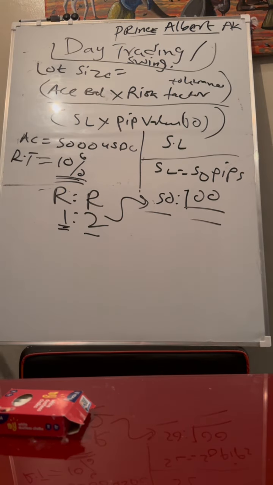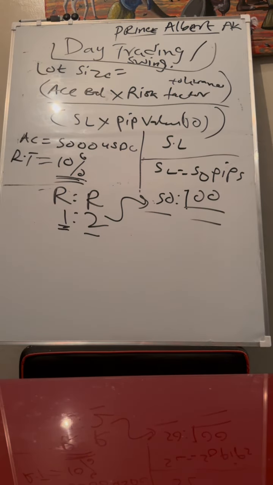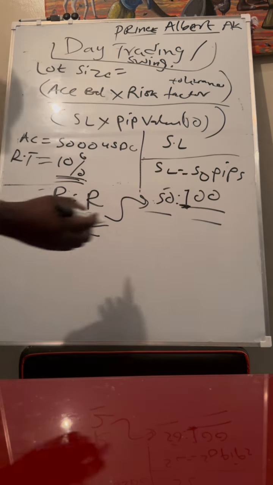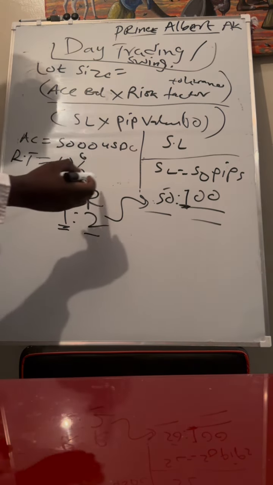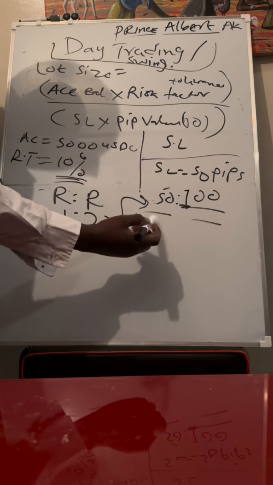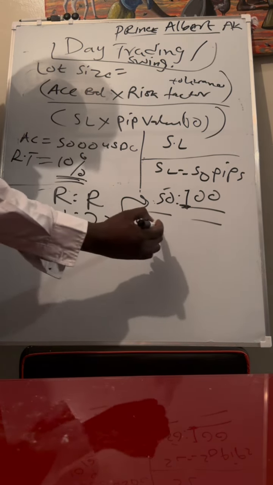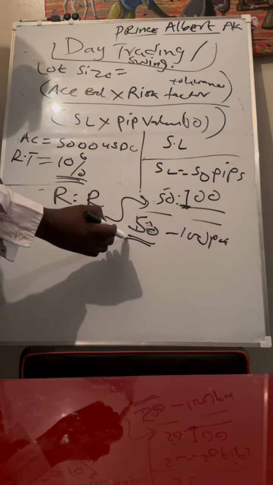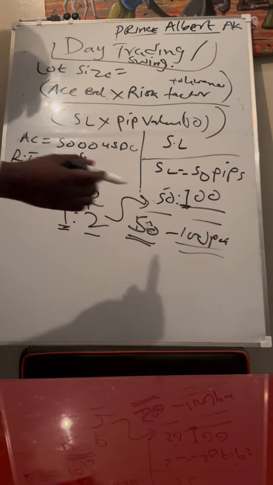So we risk 50 to get 100 pips. That means within the day, if the market movement is between 50 to 100 pips, on the lower side we can hit the stop loss, on the upper side we can hit the take profit.